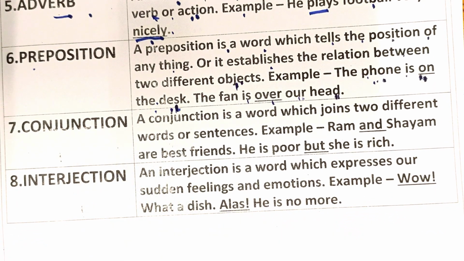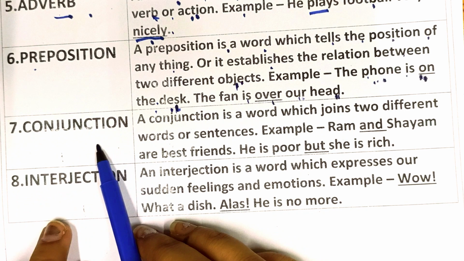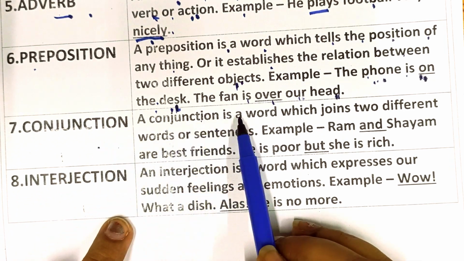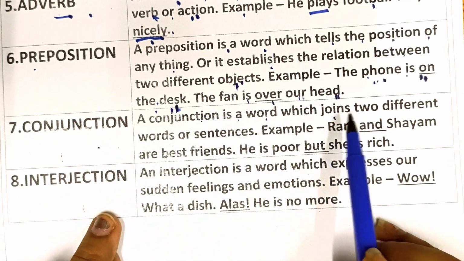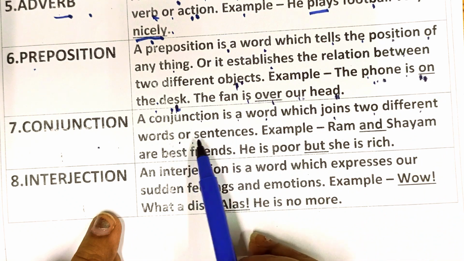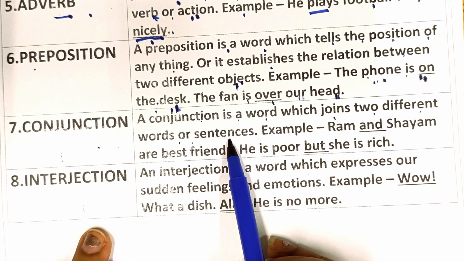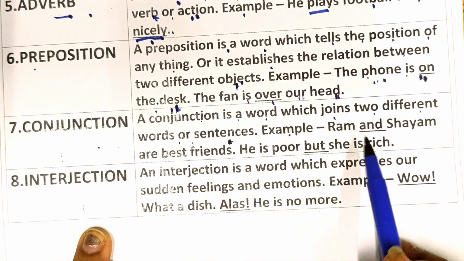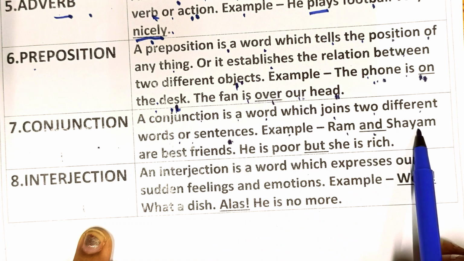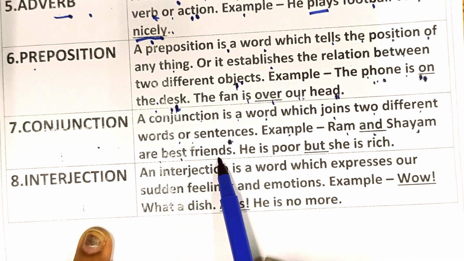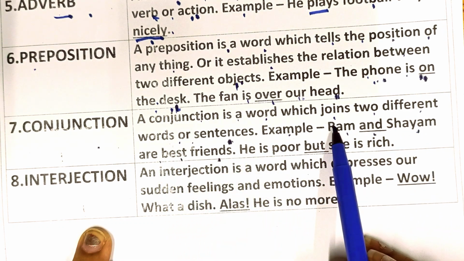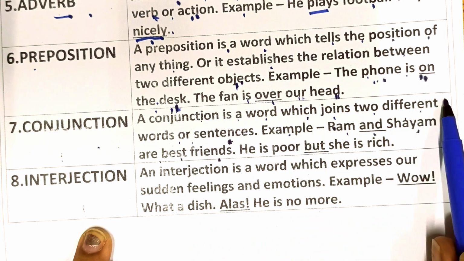Now the next one is conjunction. What is a conjunction? A conjunction is a word which joins two different words or sentences. Conjunction is a joining word that adds two different words together. For example, Ram and Shyam are best friends. Ram is a boy and Shyam is a boy.